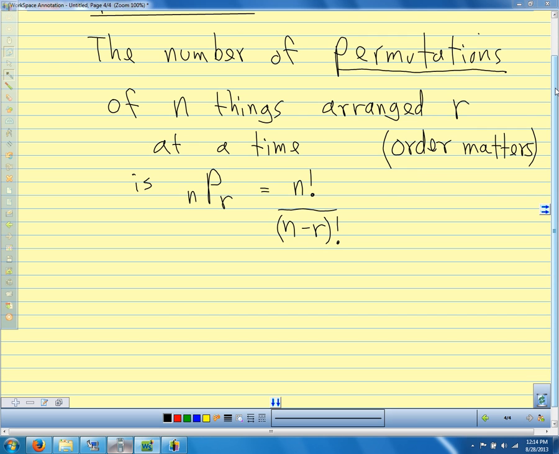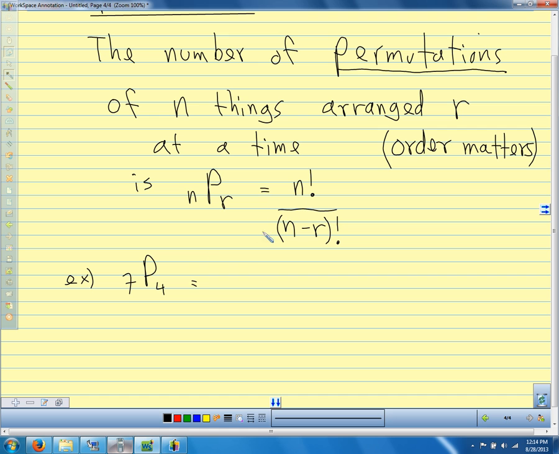So let me do an example of calculating a permutation, and then we'll explain what we mean by order matters. Let's calculate 7P4. So we're picking 4 things out of 7.